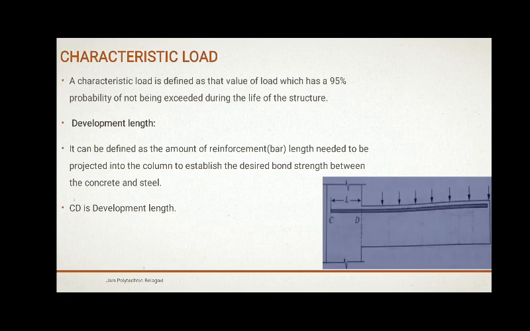For example, if the value of a load is 10 kilonewton, so after years and years the structure will become old. So this load, that is 10 kilonewton, it has the 95% probability of not changing, that is the load will not exceed.